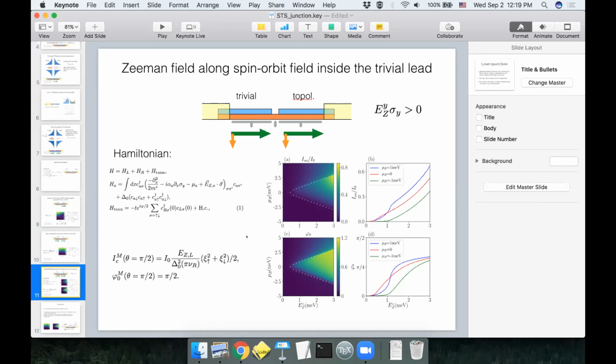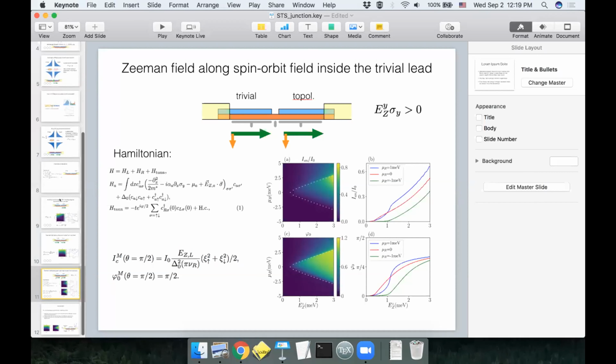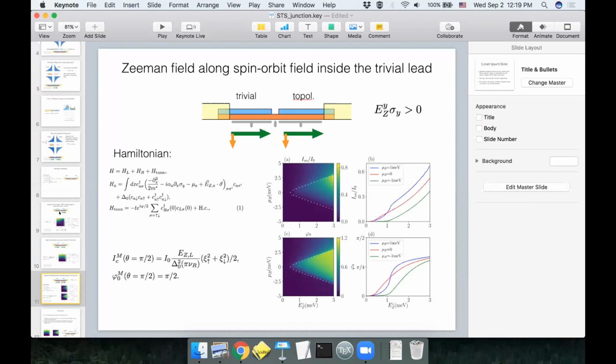I was just wondering whether this statement that time reversal forbids supercurrent between S and TS is true also in the presence of any kind of spin-orbit direction in the barrier or in the trivial superconductor, because with spin-orbit in the superconductor, the Cooper pairs wouldn't be made out of Kramers pairs, which might have an overlap with the Majorana state where both partners have an overlap.